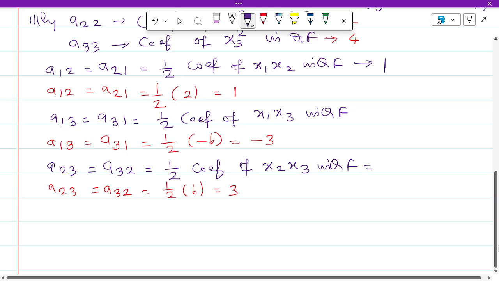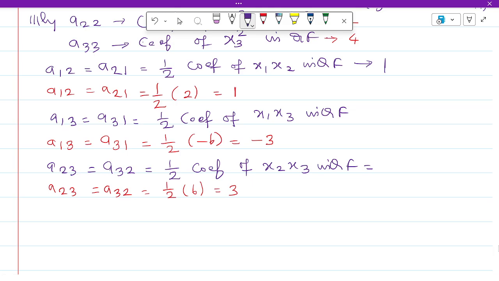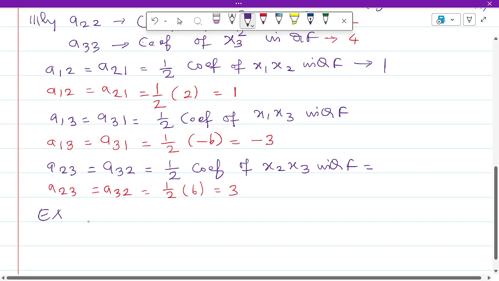Now listen. Vice versa. In case a matrix is given, how do we find the quadratic form? For example, I am writing this. Write down the quadratic form.